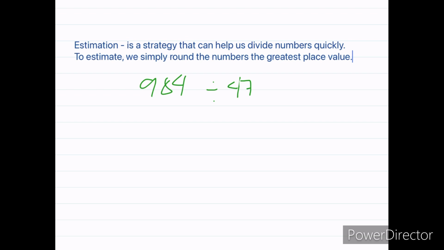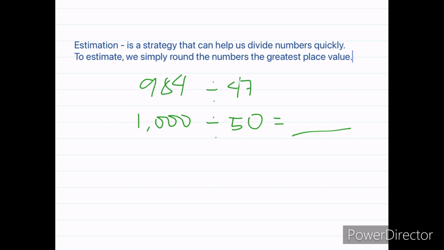So it becomes 1,000. Then itong si 47, i-round off natin siya into nearest tens. So 47, malapit siya kay 50. So 1,000 divided by 50. May ilang 50 mayroon sa 1,000.